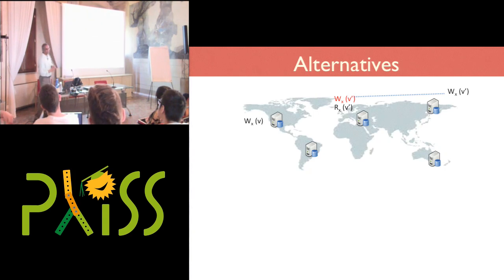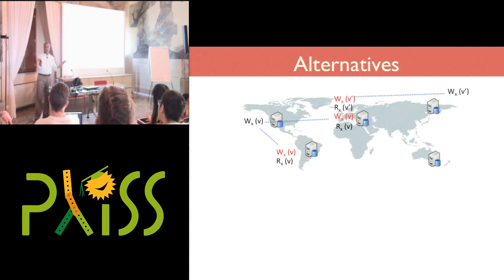There could be another replica running a similar computation that writes another value, in this case v, and it propagates its data to some other nodes. That's also okay, and it also sees its value. Now observe that those two reads read different values. It's not like there's instantaneous propagation of the writes, but they're reading values that correspond to something rational. Somebody wrote v to x, so when I read x, I expect to see v, and that's what happens there.